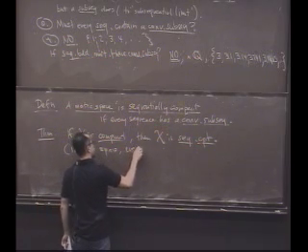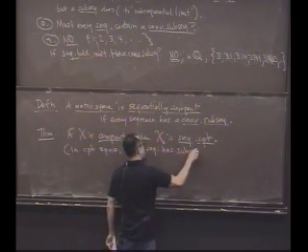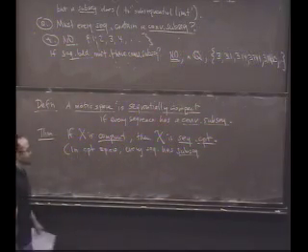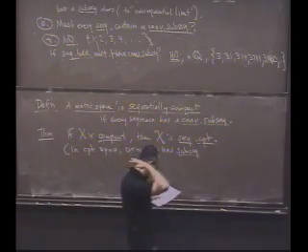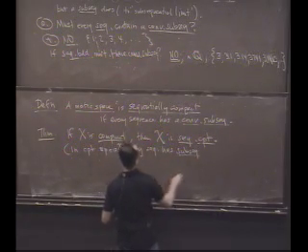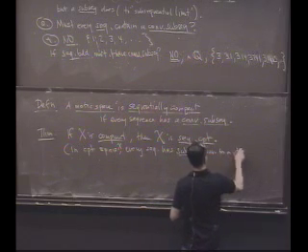And I'll be a little more explicit here. Not only am I saying the subsequence converges, I'm saying it converges to a point of X. So in a compact space X, every sequence has a subsequence converging to a point of X.